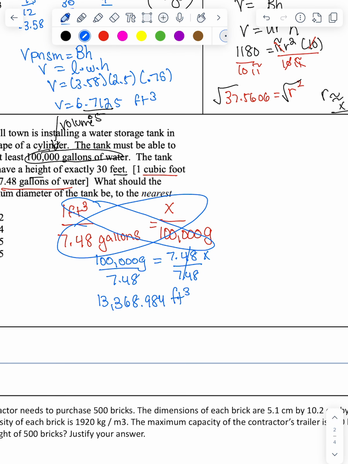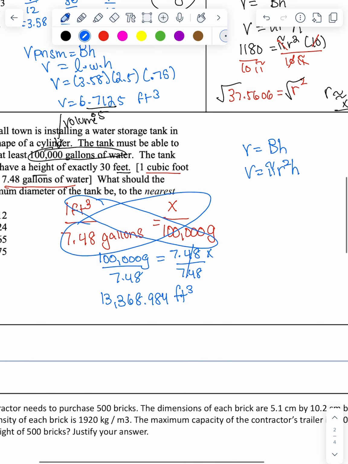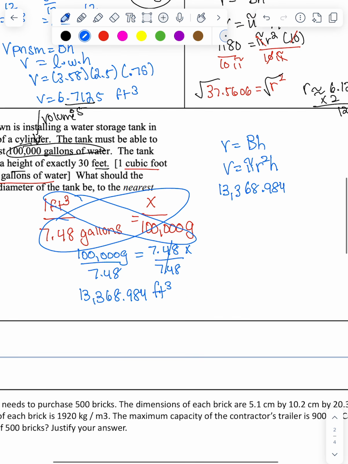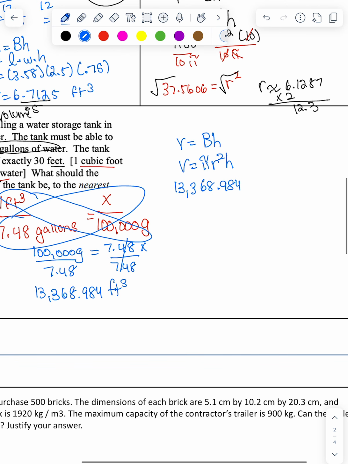So now I'm going to go to my volume of a cylinder formula, which is capital B times H. And since it has a circle base, that's pi r squared times height. And we now know that the volume in cubic feet is what we just found it to be. And the height was given to us as 30 feet. And now everything's in feet, so we can plug that in.